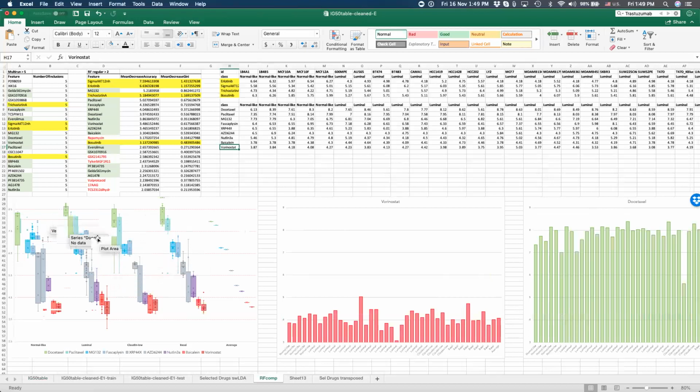So even though on average I see some trends that will make it difficult for me, I now know that it's a whole range, and within that range, I have probably a more patient-specific decision that I could be making.